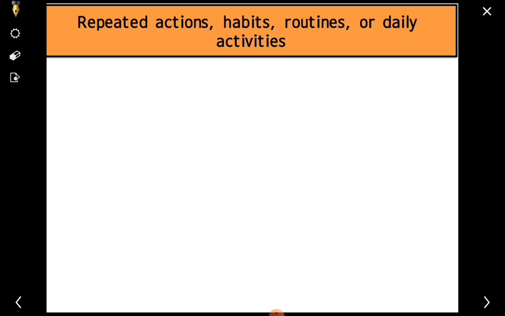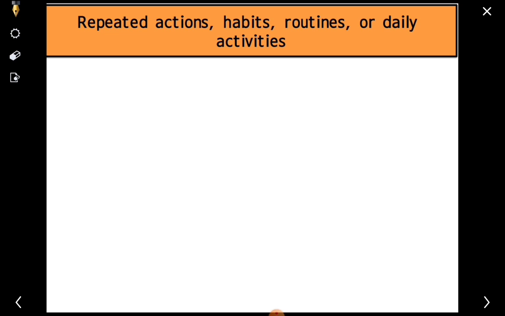Repeated action, things that I repeat every time at home or out or whatever. Habits, things that I like to do, right? Like watching TV or playing video games, reading, etc. Routines, the same things that I repeat every day, like in daily activities.